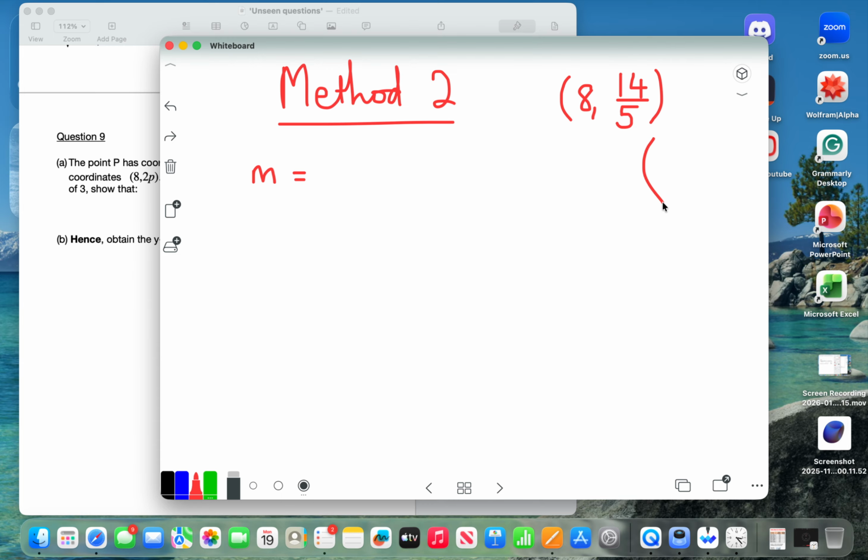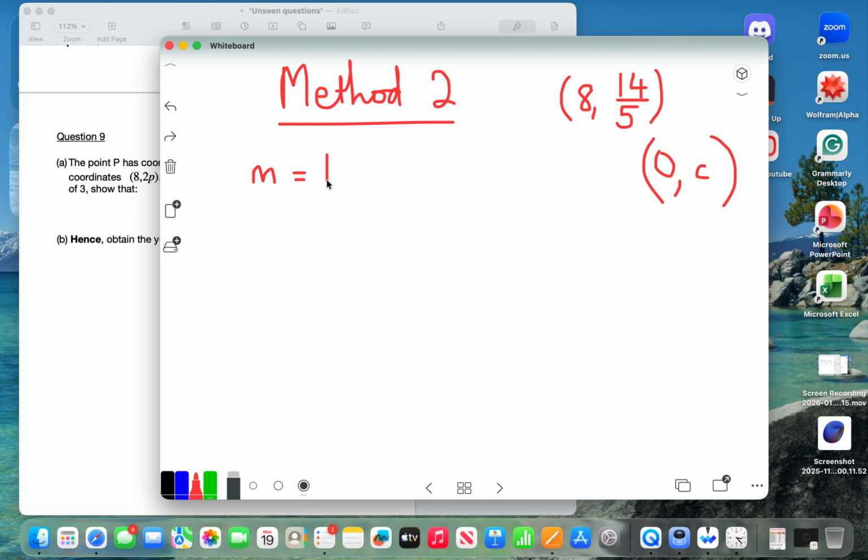By definition, it's on the line, and x is 0. Call the y coordinate c for reasons I've explained, and we then want to substitute these in.